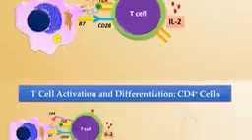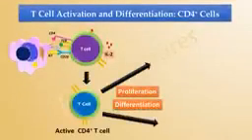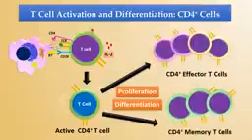The T cell undergoes proliferation and differentiation rapidly, and soon a population of effector T cells and memory T cells is generated. These CD4 positive effector T cells develop into diverse subsets of T helper cells. And CD4 positive memory T cells have the ability to quickly generate more effector and memory cells if encountered by the same antigen in future.